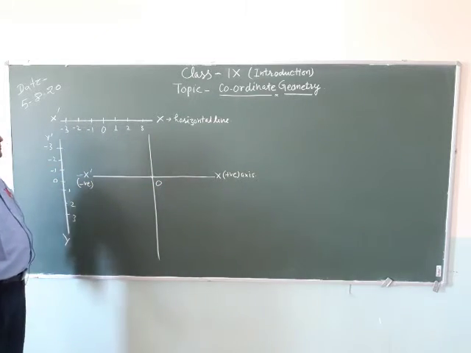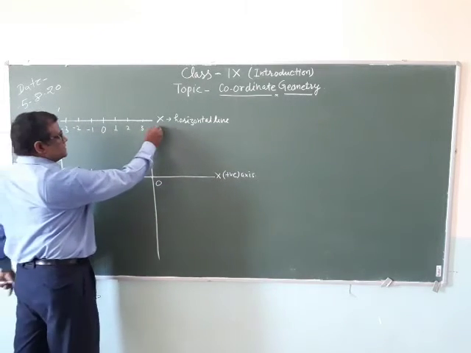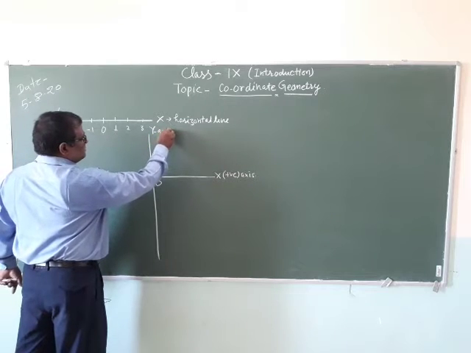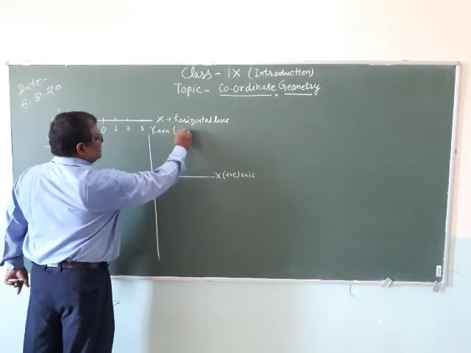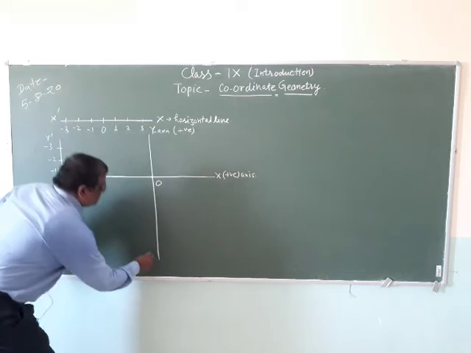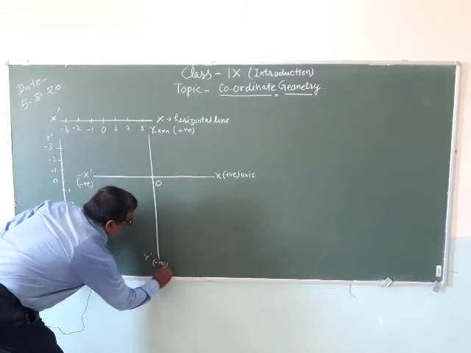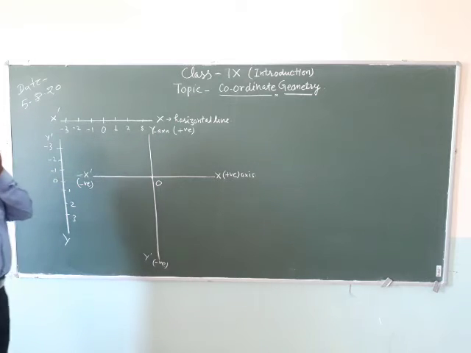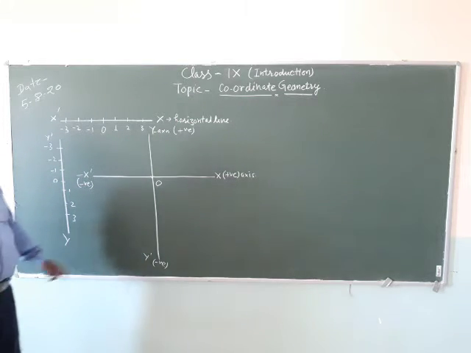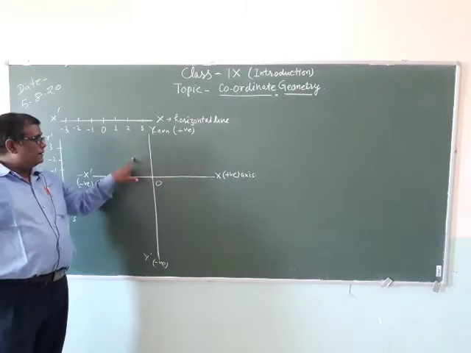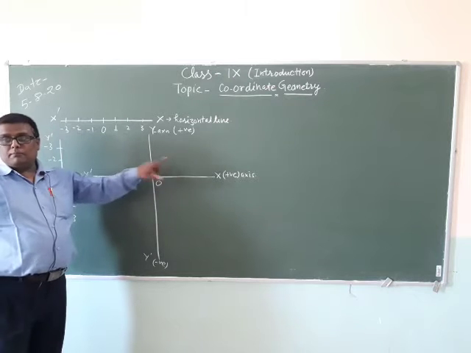Here this is the y axis, positive direction, and y dash, that is negative. Now we have divided this into 4 equal parts.